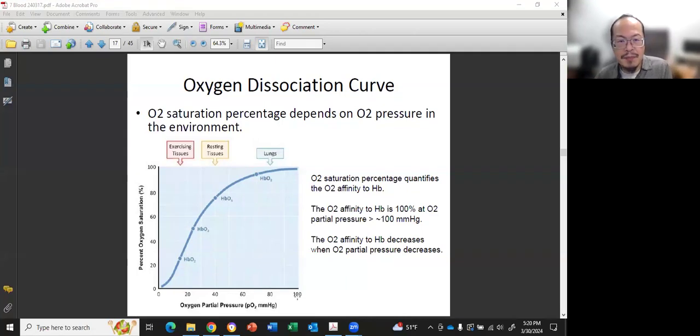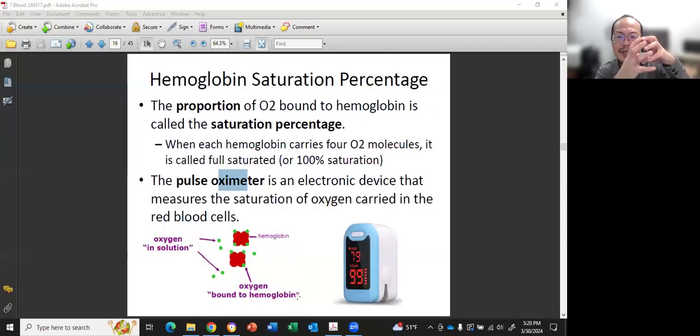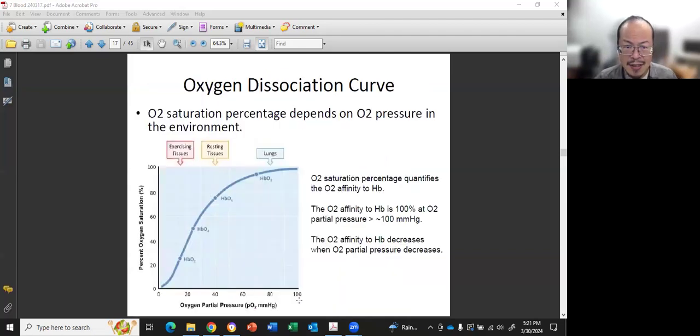How do you make oxygen bound on hemoglobin? How do you make it unbound from hemoglobin? The way we regulate it is the environment. The more you push it, the more they get bound. The less you push it, the more they get unbound. So the primary factor to affect saturation percentage is oxygen partial pressure. So that's that. All right.